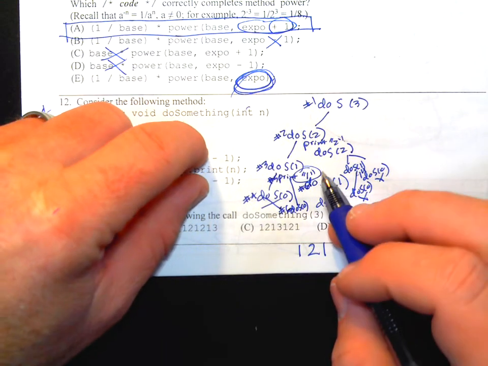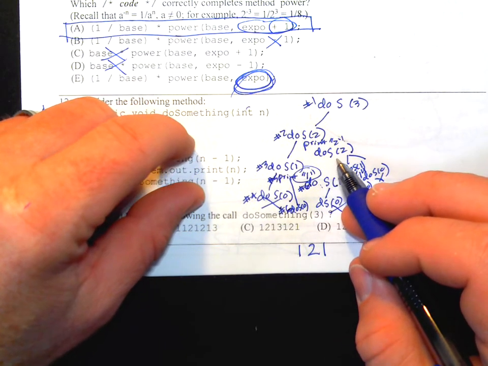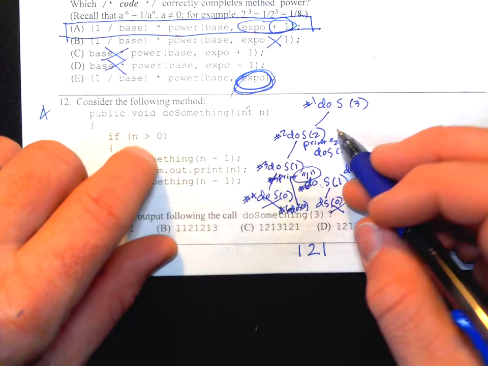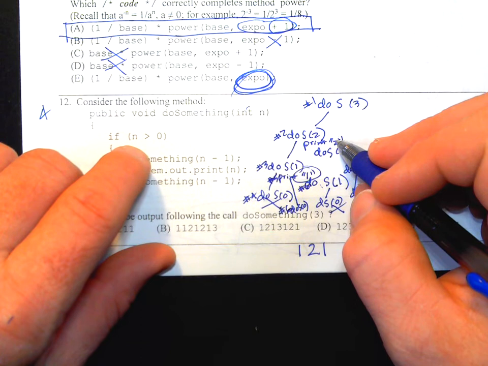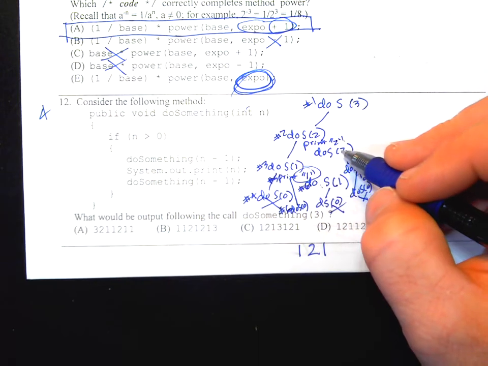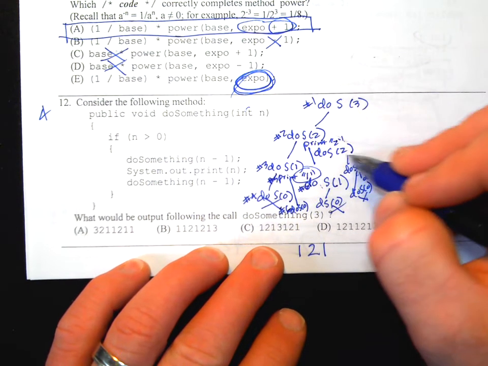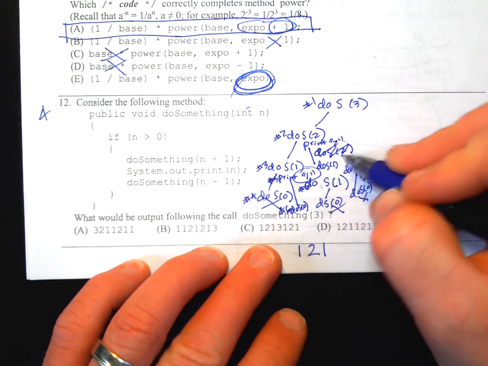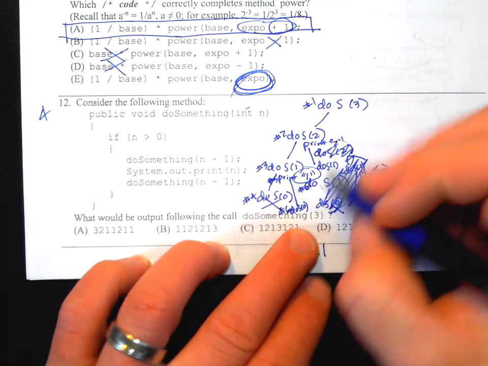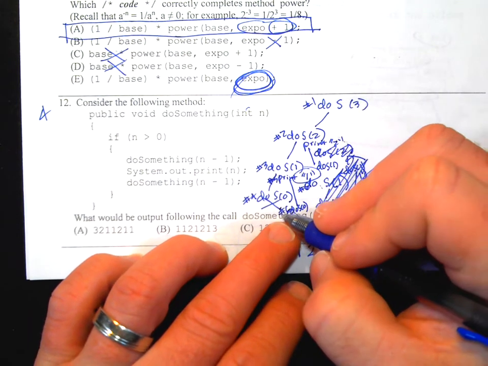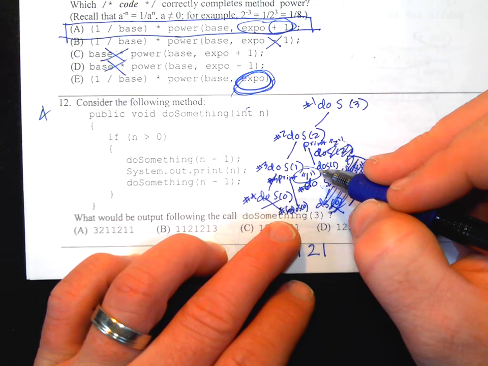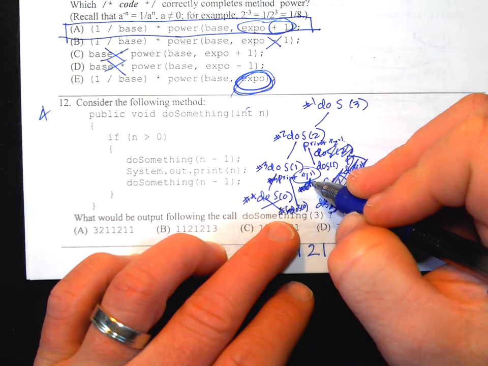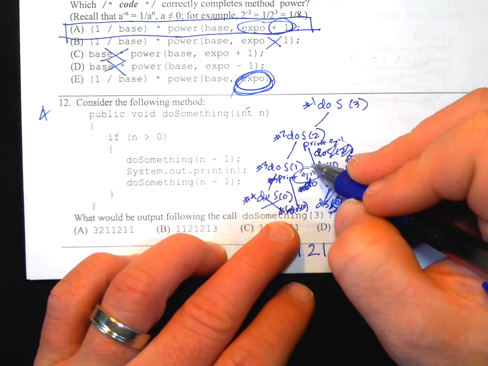Then we go back to the previous step, which then prints a 2, but then it calls do something. This is a mess. Then it calls do something 1. Let me just get rid of this right now. So this was the 6th step. Seventh step.